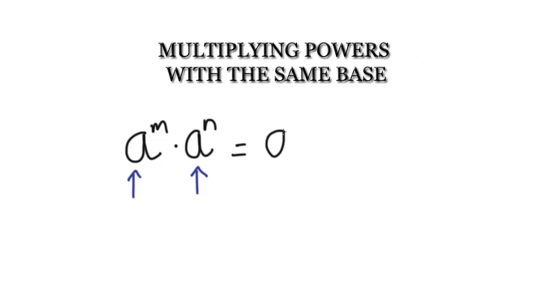So let's say you have a to the m power times a to the n power. The two bases are a and a, and obviously they're the same. So whenever that happens, this is equal to that same base again, a, and what you want to do with these two exponents, the m and the n, is you add them, right?